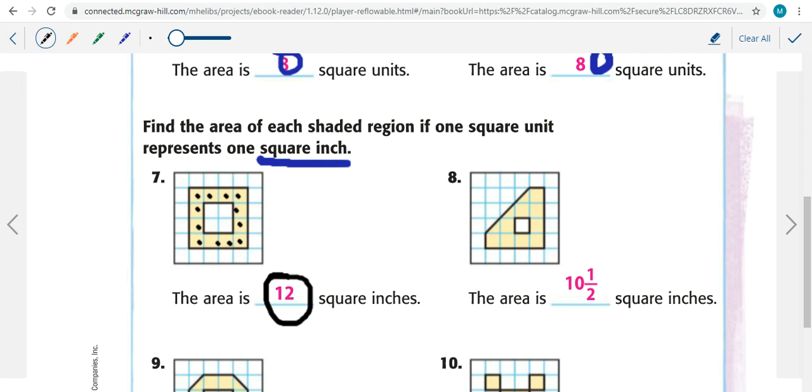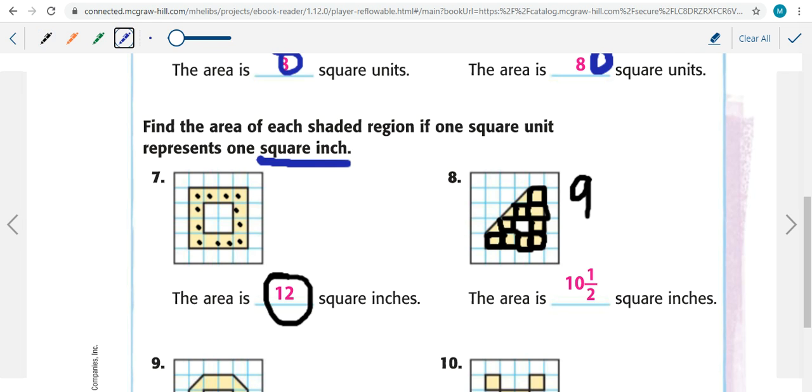Now, let's look at number 8. The first step is to count the wholes. Ese es el primer paso, contar los enteros. 1, 2, 3, 4, 5, 6, 7, 8, and 9. Tenemos 9 wholes.